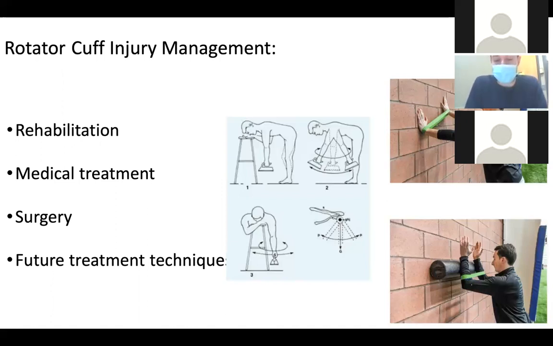Exercises like the modified sleeper stretch and the modified crossbody stretch help to increase range of motion in the glenohumeral joint. Another solid method commonly used during early rehab is aquatic therapy. The properties of water act as a natural resistance to the body.